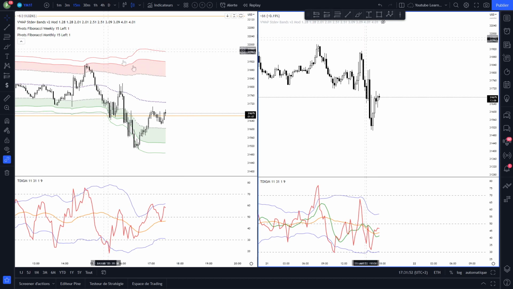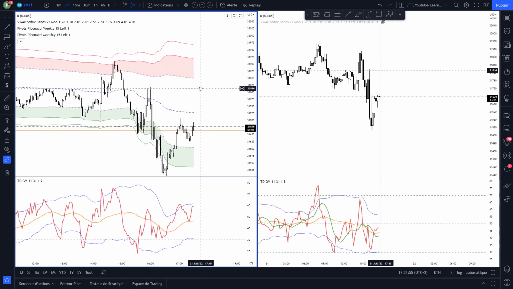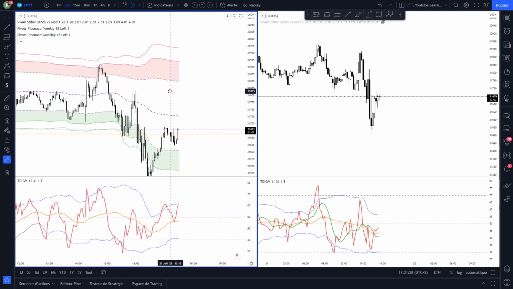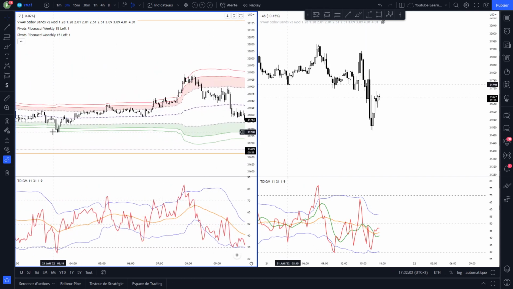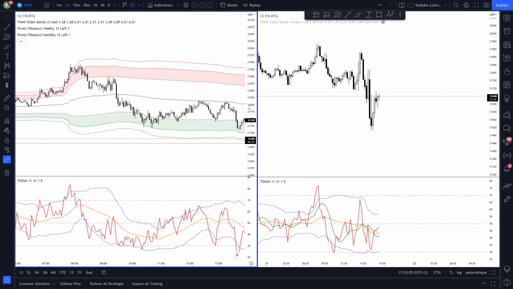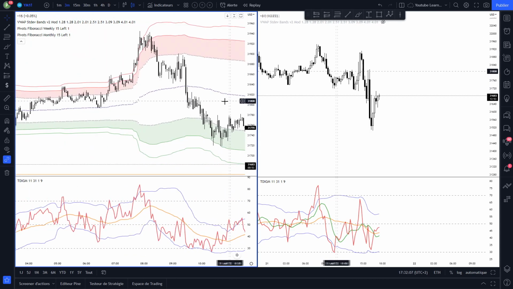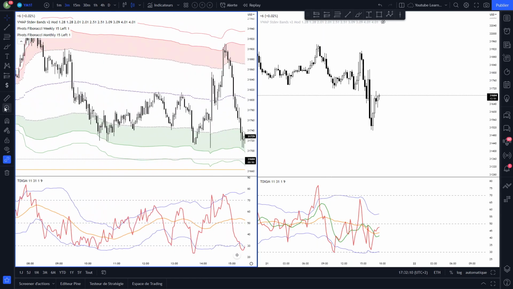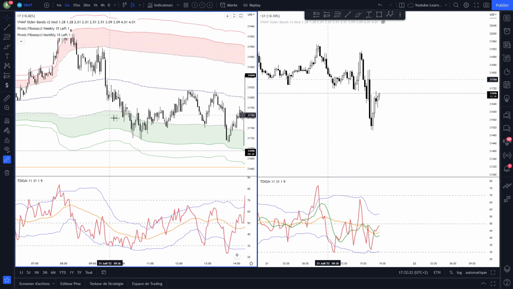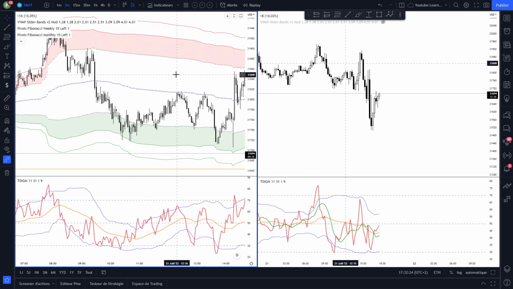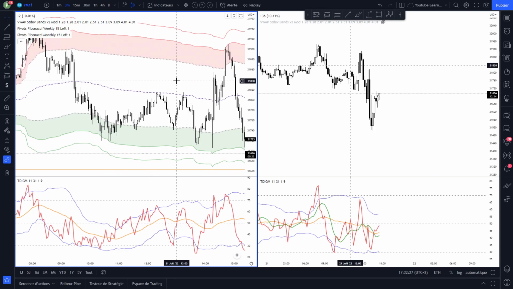So for example, I'm gonna speak about one of my trades I took this morning. It was this one, I think. So every day when the day starts, I try to highlight some key points. I put my previous daily high, previous daily low, the Asian session lows, and also the symbolic levels that are close to my area.